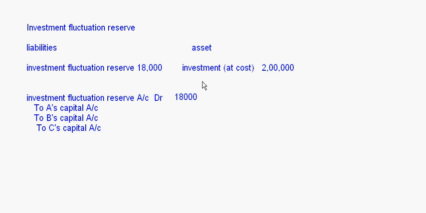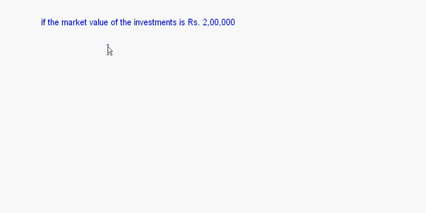Now supposing I have this, if the market value of the investments is rupees 2 lakh. Now here if you look at this balance sheet, the investment at cost is 2 lakhs. So the market value now it is given as 2 lakh, which is the same as the cost, right?